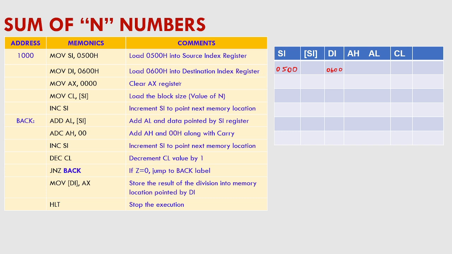Now I will take a set of values, like addresses 0501, 0502, 0503, 0504.